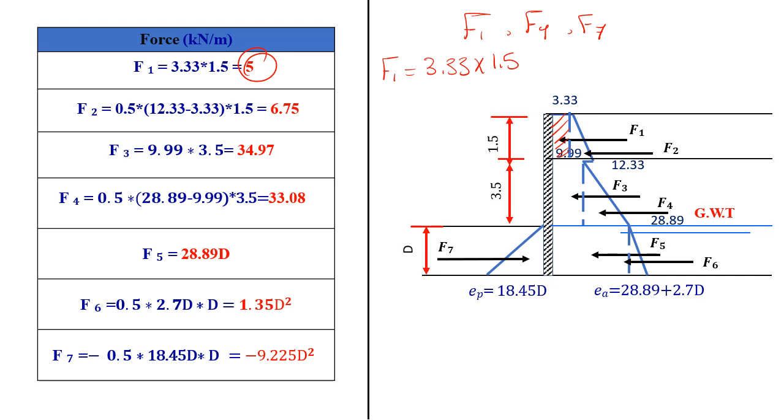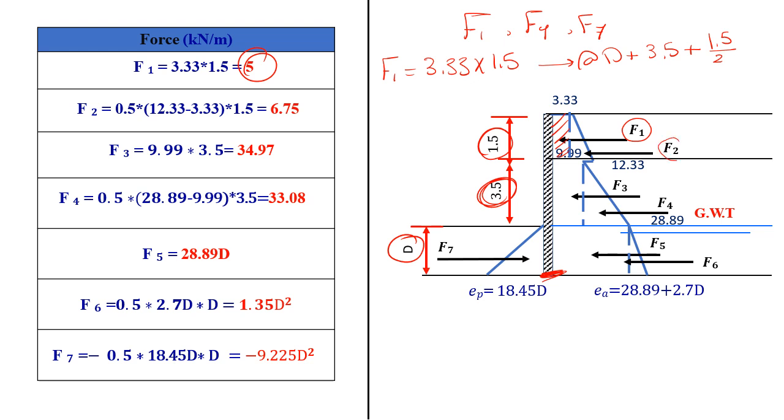How much is your arm? The arm is D, the penetration depth, plus 3.5 plus 1.5 over 2, because this force is at the center of my rectangle.